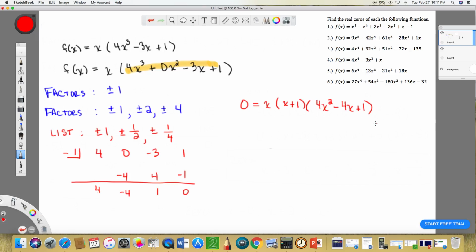So let's do our x method to try to factor that last trinomial. Negative 2x times the negative 2x gives us 4x squared, but yet when you add them, you get negative 4x.